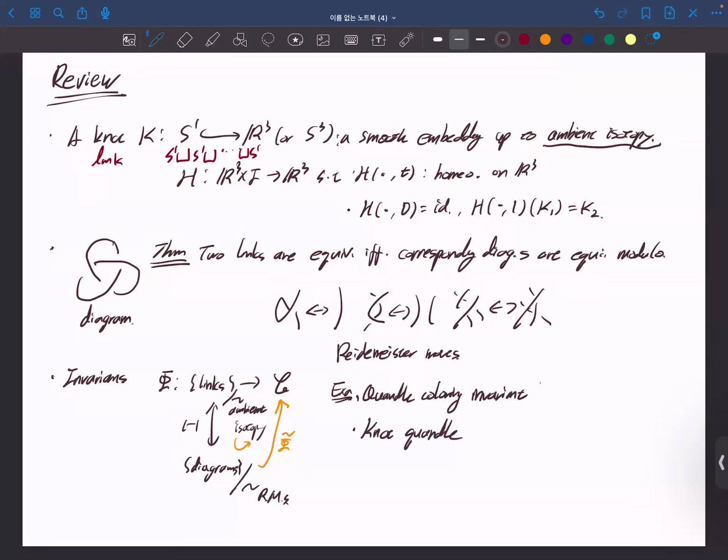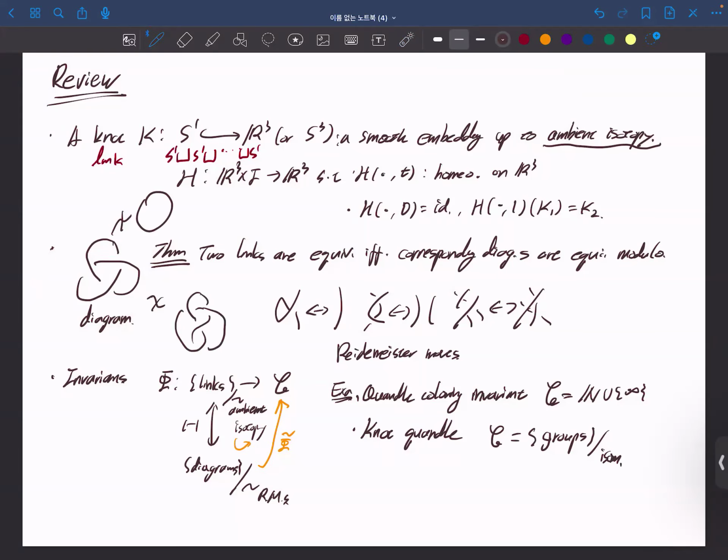Last time, the quandle coloring invariant was an invariant with codomain the natural numbers union infinity, and for the knot group, the codomain is a set of groups up to isomorphisms. We showed that by using these invariants, we can distinguish this knot from the trivial knot, and the figure-8 knot.